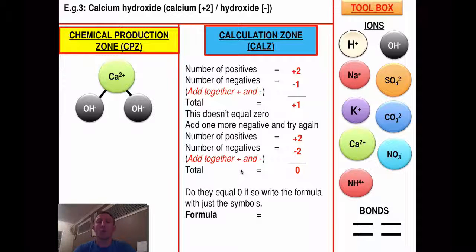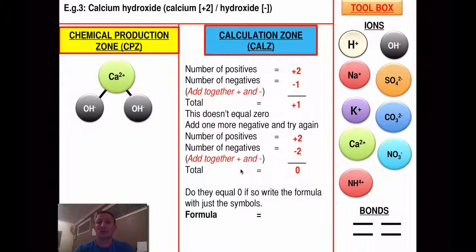Now, how do we write this? Well, we've got 1 calcium ion, so that's just written Ca. But we've got 2 hydroxide ions. Now remember, hydroxide is always written OH. So because we've got more than 1 OH, we have to put the whole thing in brackets. So we have 1 calcium, then we write brackets with OH inside, and then the number of OHs that we have goes as a subscript.